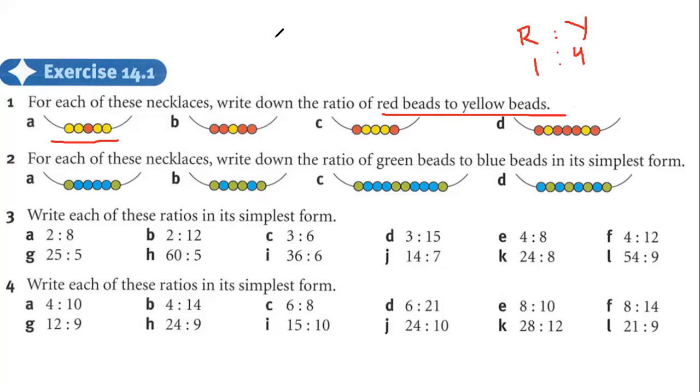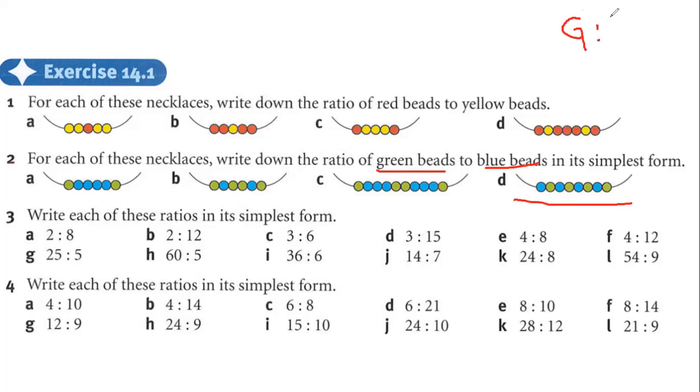Same like that, question number 2 part D. Here he mentioned green beads and blue beads. So first I write here green, and then I write here blue. Green beads, how many green beads we have? One, two, three, four.